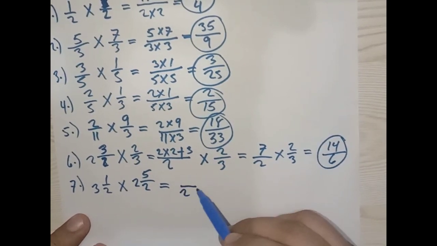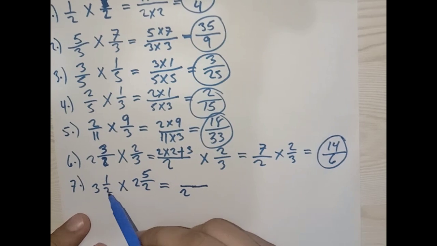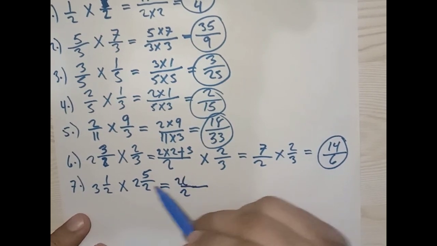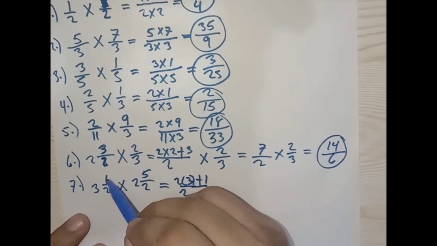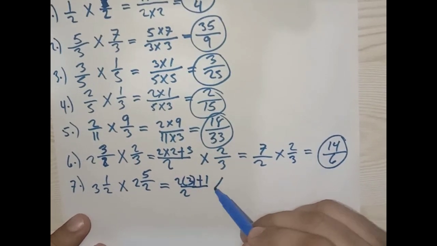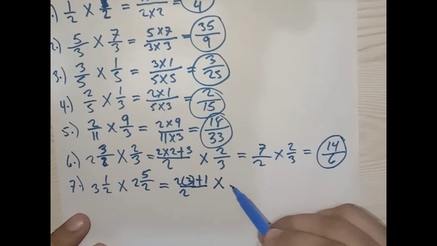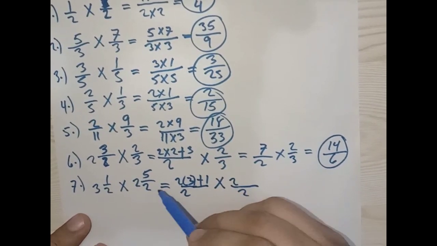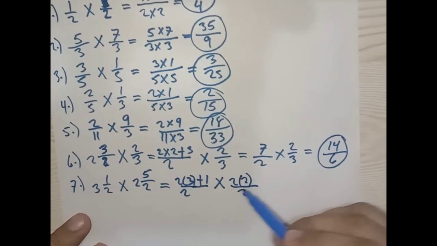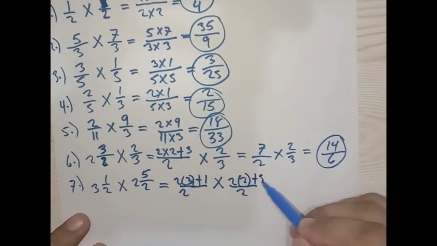Okay, so let's do this one first. Copy the 2. Multiply 2 times 3, plus 1. Times, copy 2, and then 2 times 2 plus 5.